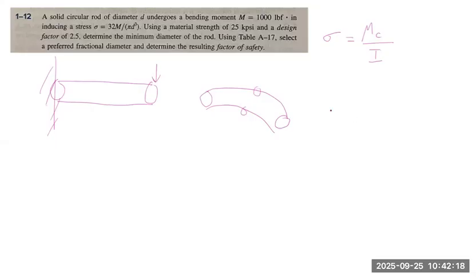So we want to use a material strength of 25 kpsi and a design factor of 2.5. And we want to determine the minimum diameter of the rod.